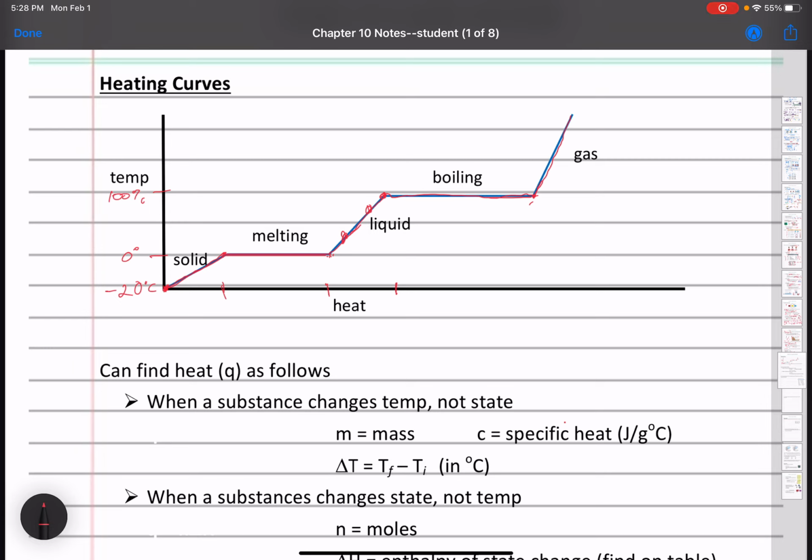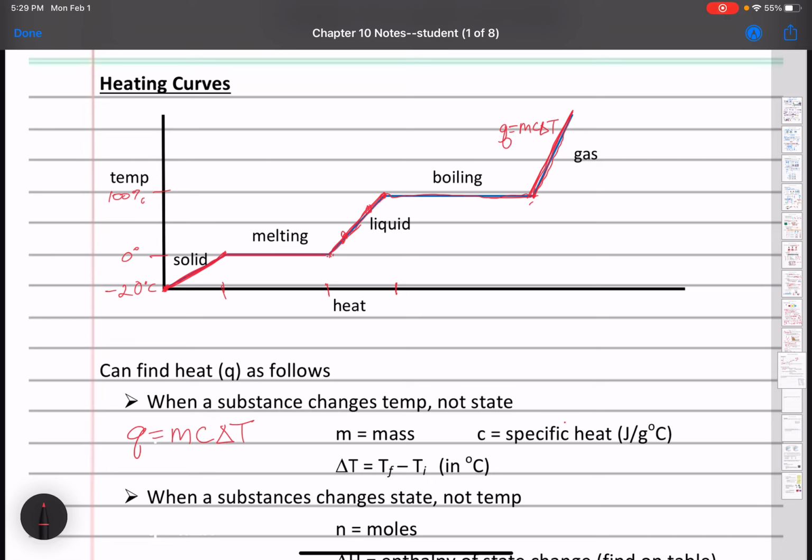When we are trying to calculate a substance at changing temperature but not state, in other words, when we're trying to calculate something on one of these diagonals, when it's a single state but it's changing temperature, we're going to use the equation Q equals mcΔT. Q equals mass times specific heat times the change in temperature.